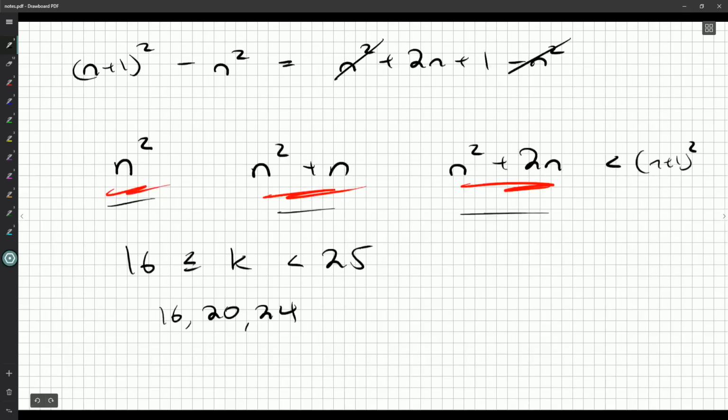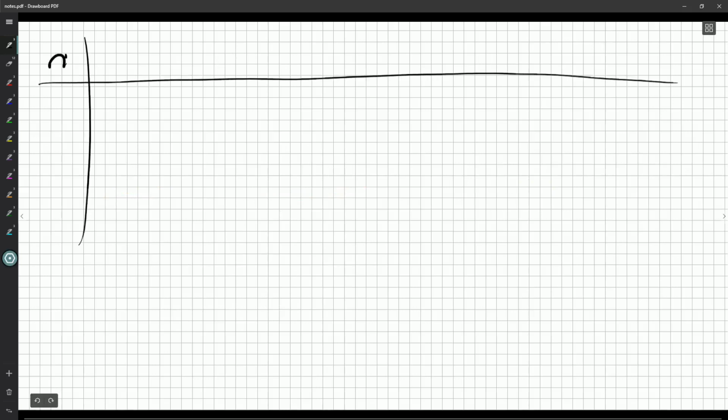So what we're really trying to do is add up all these terms here. And what we can do is group them together. Let's make a little chart to be clear.